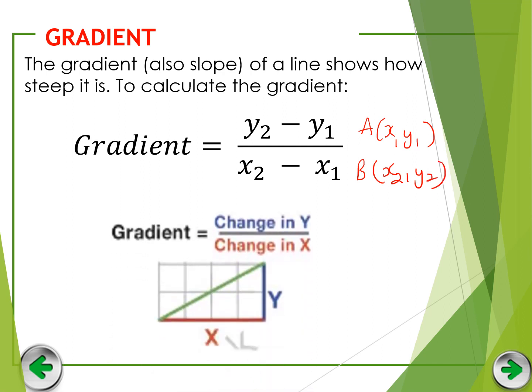There's also a second method, or a second way of looking at it, is when you have these 2 points here, you form a right angle triangle, and then you count the change in y, which is here, over the change in x, which is also known as the rise over the run.